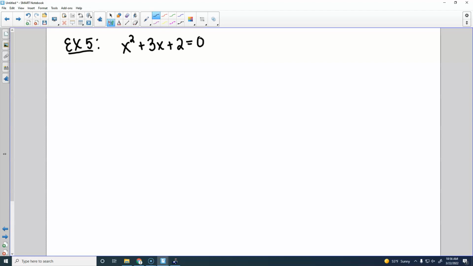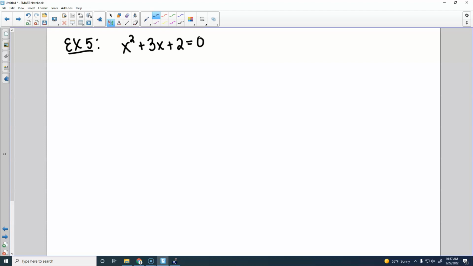All right, so we've got x squared plus 3x plus 2 equals 0. So we could try for a long time to solve that like an equation, and we are not going to get anywhere because we have an x squared and an x. Okay?